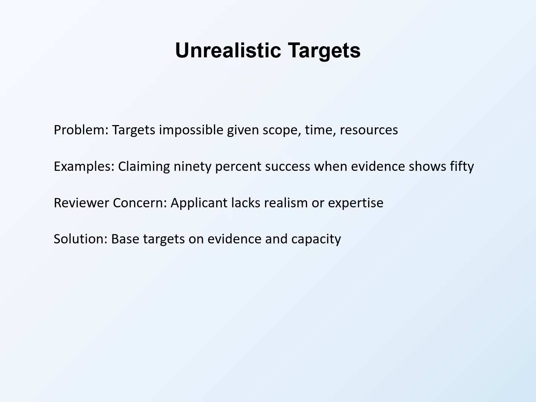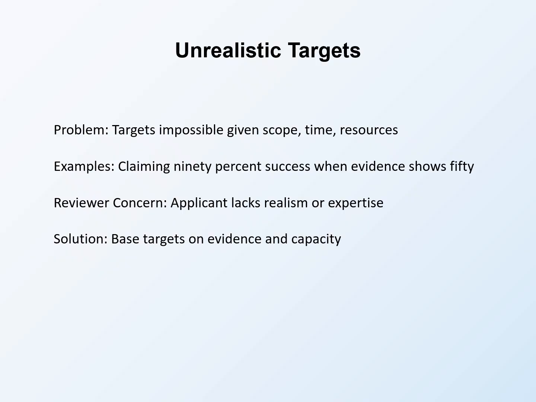Unrealistic targets undermine credibility. The problem is targets impossible given scope, time, and resources. When proposed results exceed what evidence suggests is possible, reviewers question competence. Examples include claiming 90% success when evidence shows similar programs achieve 50%, or promising condition change in 3 months when it typically requires years.